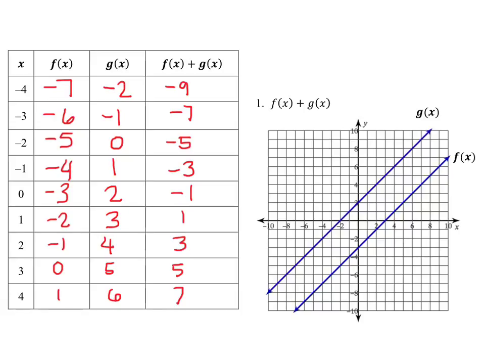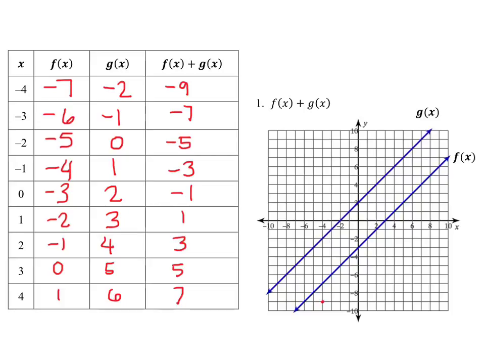Once I get to this point, I am just going to ignore everything in the middle columns. And I'm just going to look at the -4 and the -9. X equals -4, y equals -9. I then have x equals -3 and y equals -7. At -2, let me get these in the right spot.